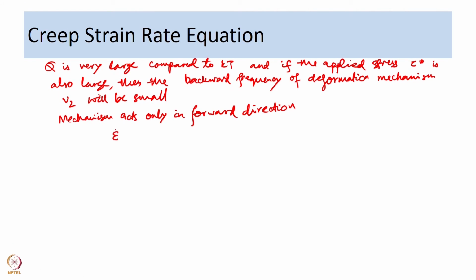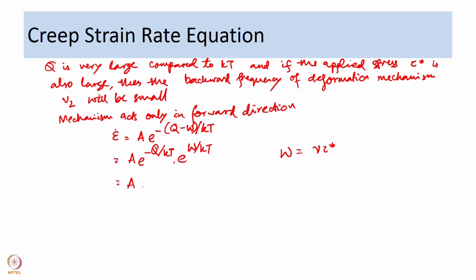And epsilon dot is going to become A e to the power minus q minus W over kT, and that becomes epsilon dot is equal to A e to the power minus q over kT into e to the power W over kT. We already said W is activation volume into tau star.